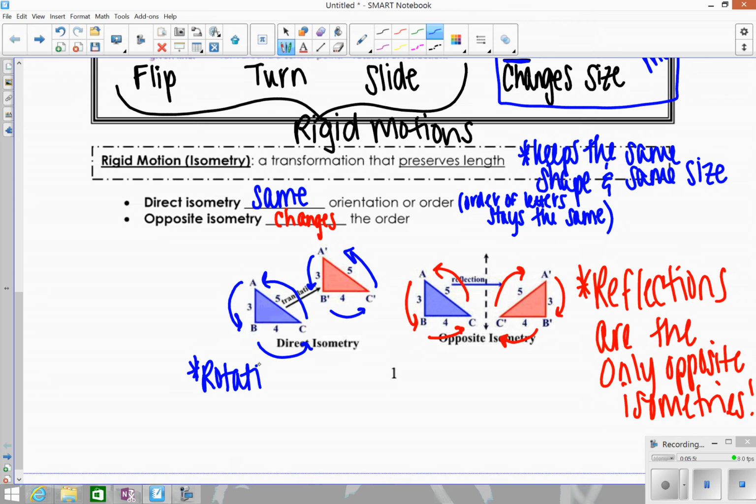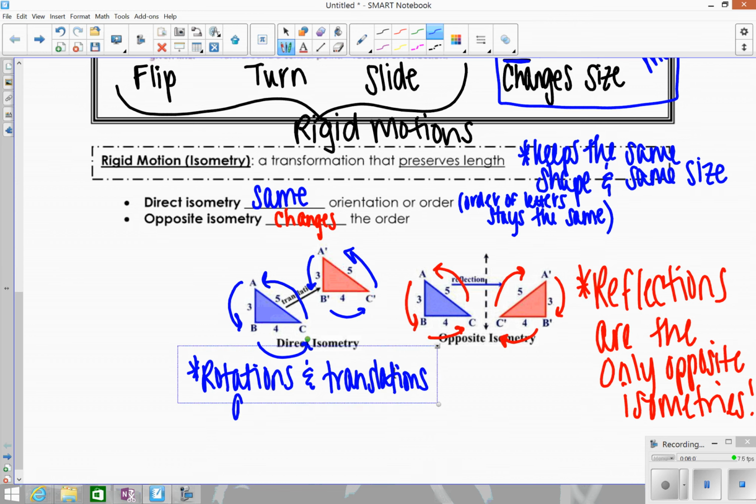Rotations and translations are direct isometries. And reflections are opposite isometries. And dilations would not be an isometry because the size is changing. So you can't even look at the order of the letters because the size isn't the same, so it's automatically not an isometry.